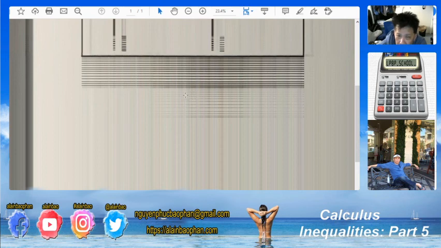So the solution will be this one. It looks like a triangle. Just follow my cursor, right here. So this area here.